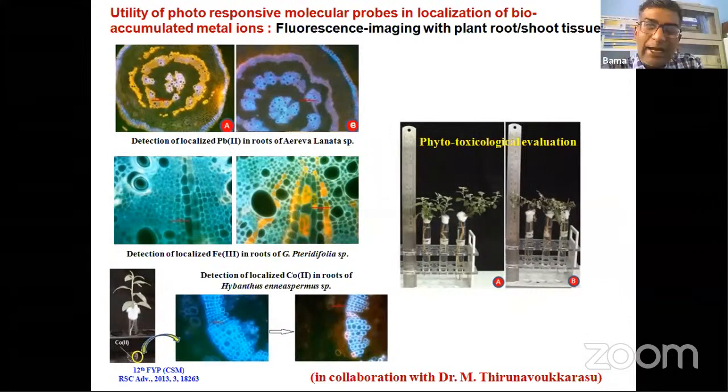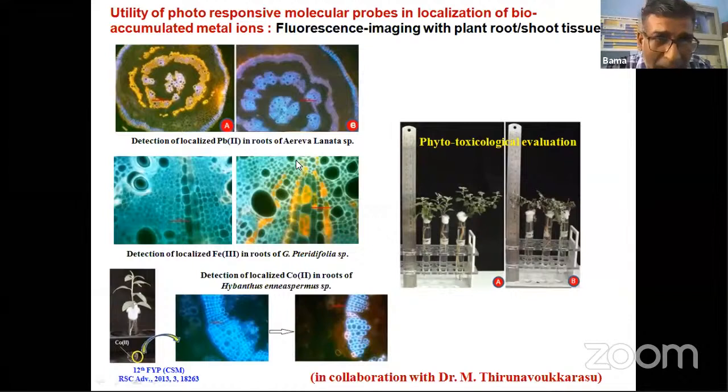And these kinds of molecules can be used in various ways. One is localization of bioaccumulated metal ions. We have experimented with various roots and shoots of various medicinal plants, Arabalanata and all those things.